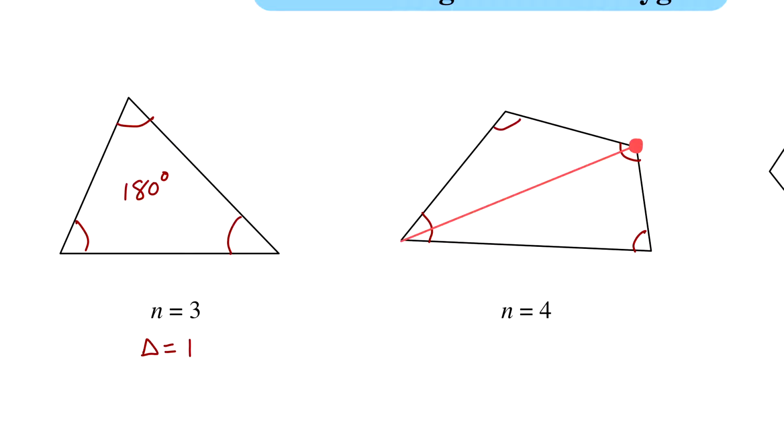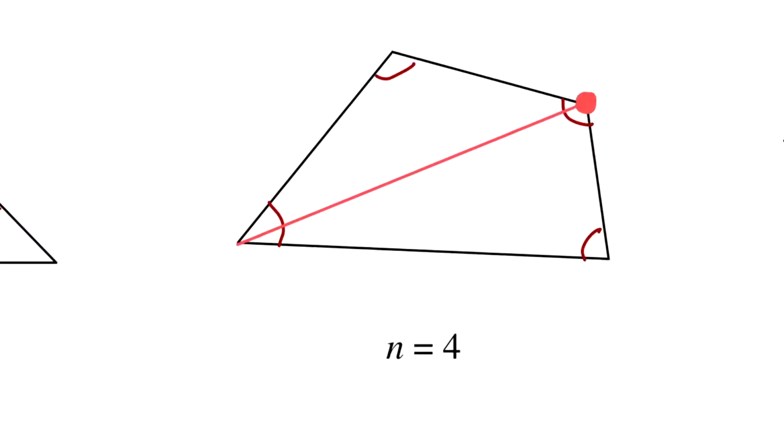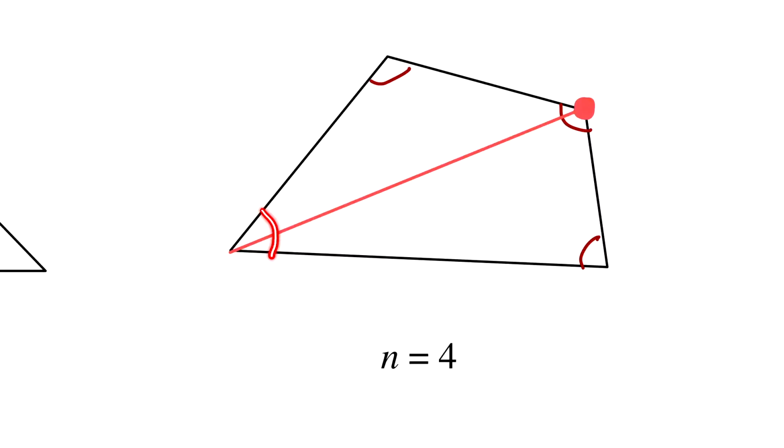When I do that, it splits this quadrilateral into 2 triangles. And as you could see, I haven't disrupted the angles. What I do know is these 3 angles on the top triangle should add up to 180.